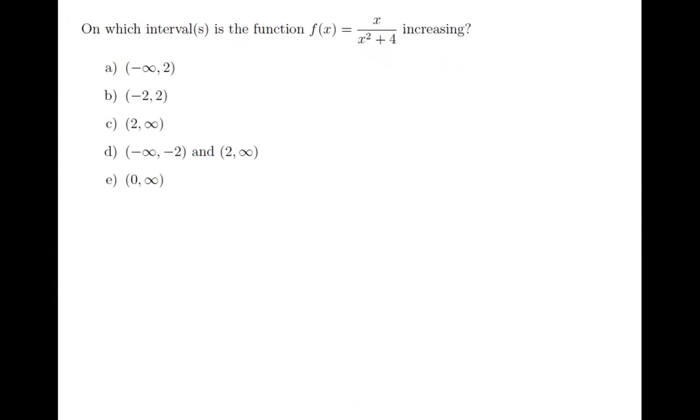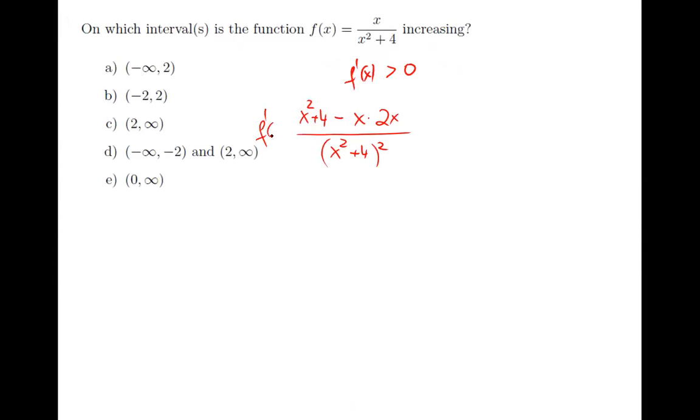Okay, one of the questions that you can expect is the intervals of increase, decrease, and concavity. Let's find the intervals of increase, where the first derivative is positive. Let's find the derivative, quotient rule. Derivative of x is 1 times x squared plus 4, minus x times the derivative of the denominator, 2x, over the denominator squared.